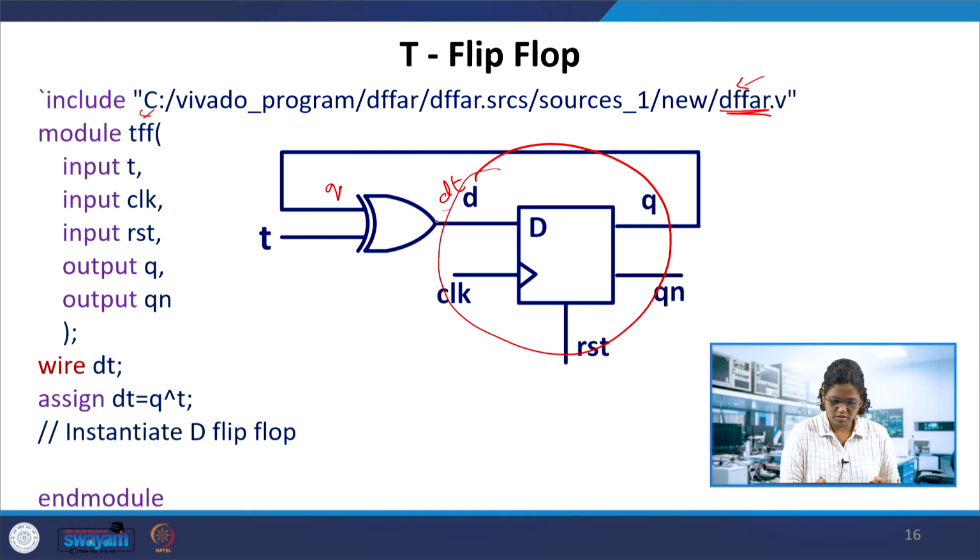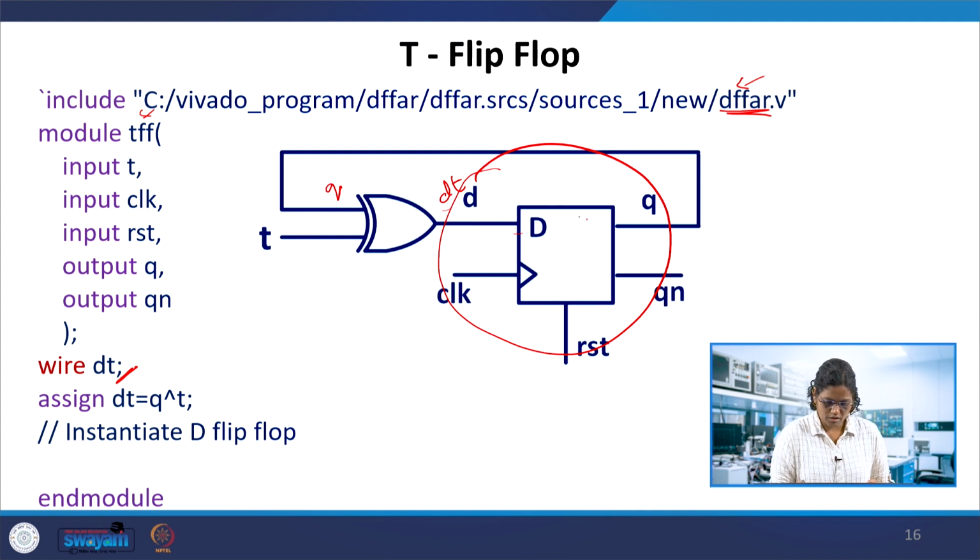This needs to be connected, so we declare these two as connected. As in the case of a structural model, it needs to be declared as wire DT and assign.